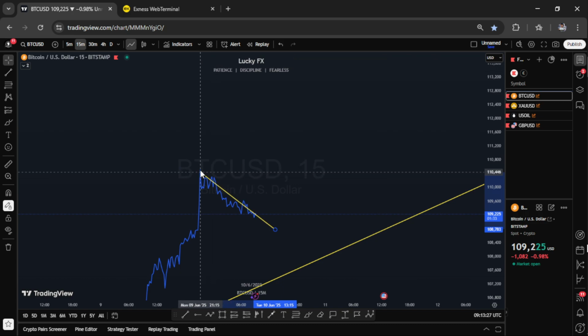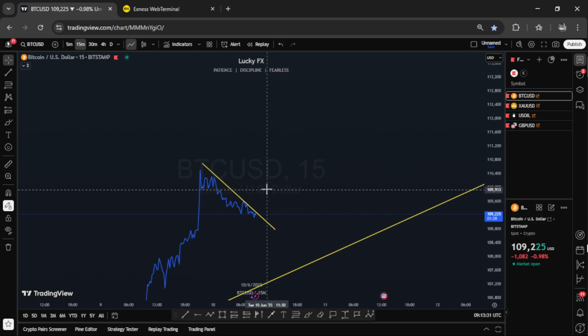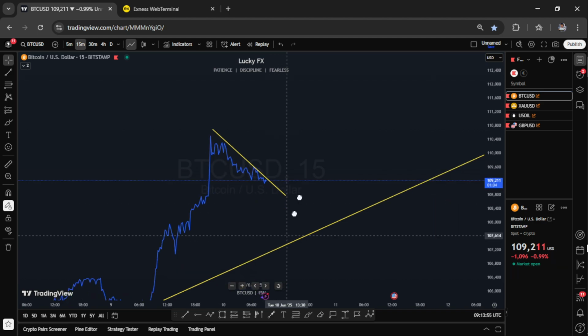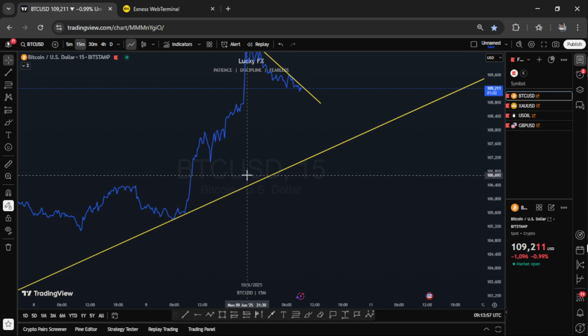I just want to make a little bit of profit from the buy side and from the sell side.